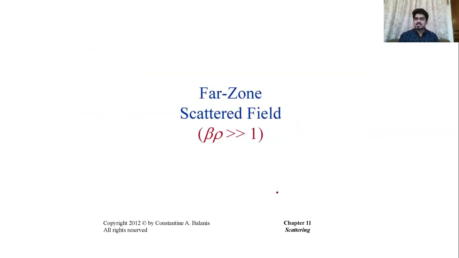Now, as I mentioned, once we have this E total, H total, the next step would be to find the far field scattered field. And for that, your observation point is now in the far field. So beta rho is much larger than 1. And when you have this argument beta rho much larger than 1, we can use the asymptotic expansion for the Hankel function.